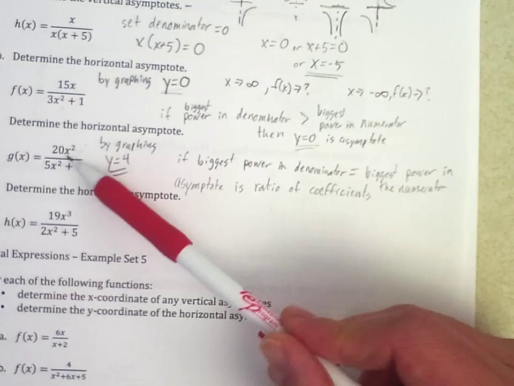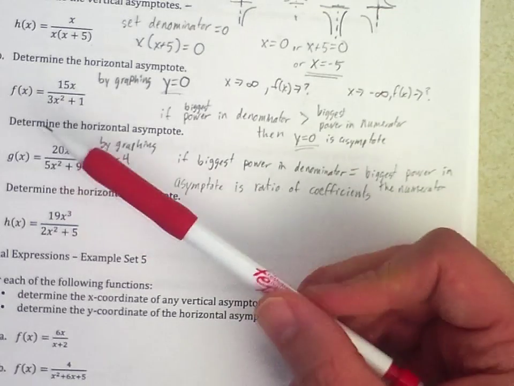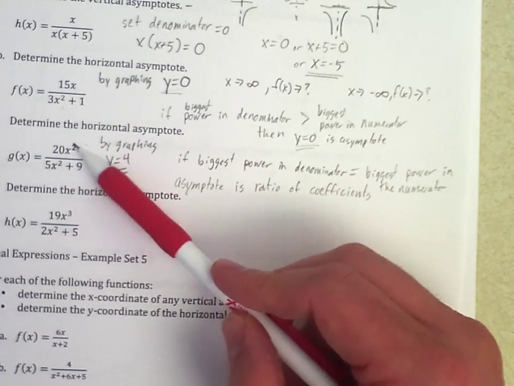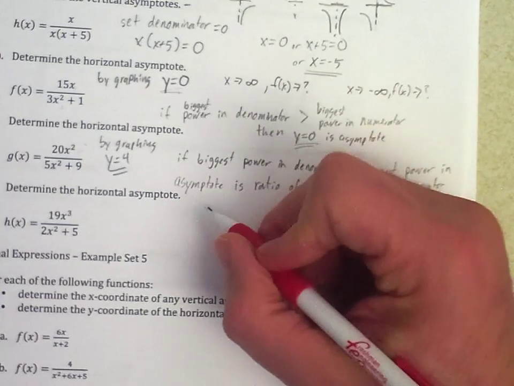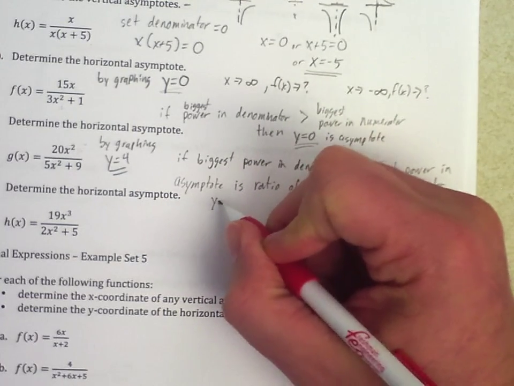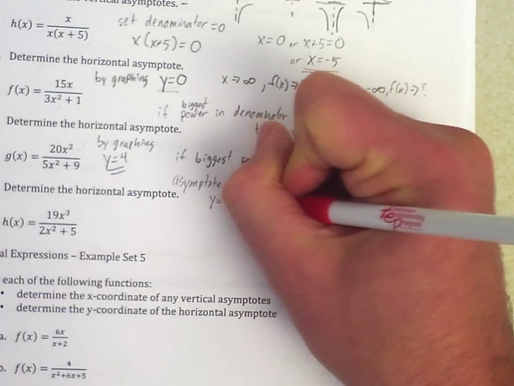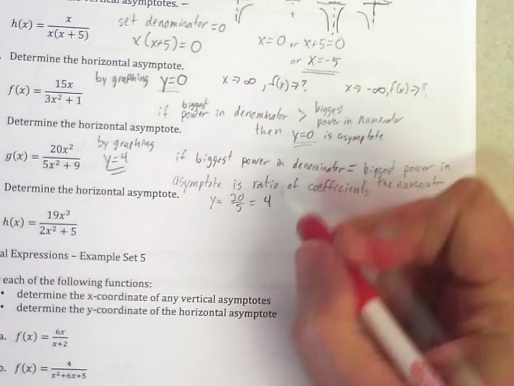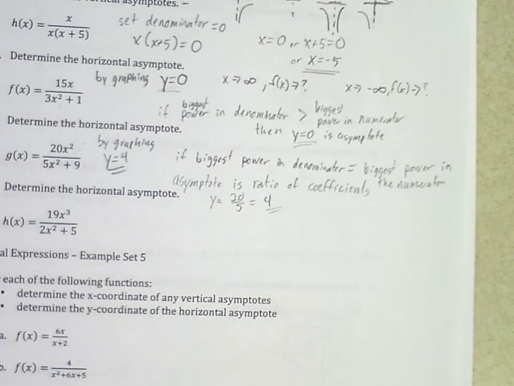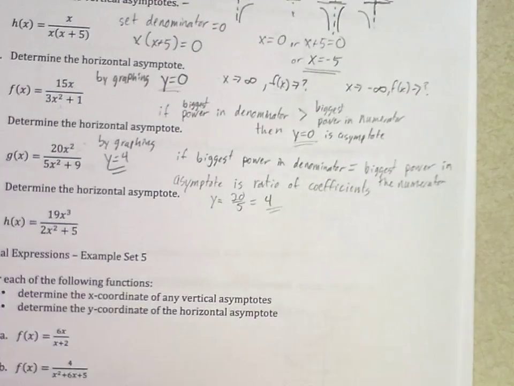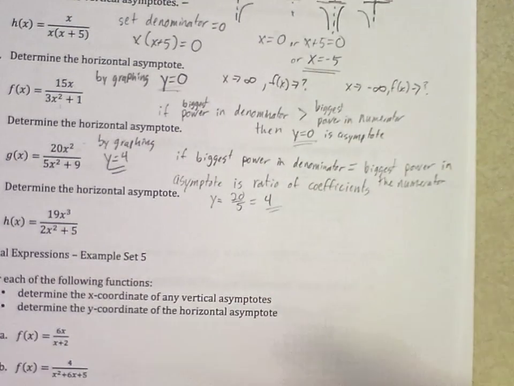So the only ones we have to worry about are the biggest ones. And so if they're equal, in this case y is 20 over 5, which is equal to 4, which is the same thing we found from our graph. So that's how we would do it if the powers are equal.